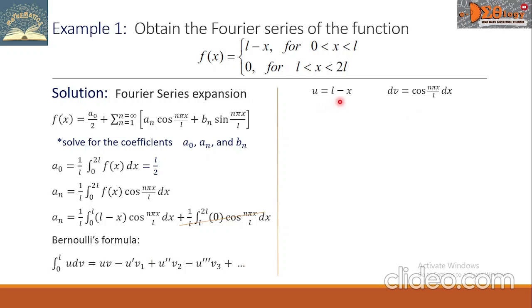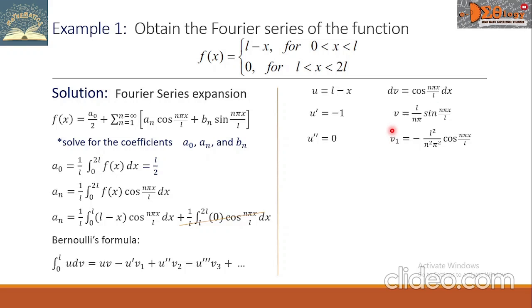U is L minus x, and the dv is cosine n pi x all over L, then dx. For the function u, we will differentiate until it reaches 0. U prime is equal to negative 1, and u double prime equals 0, then we stop.